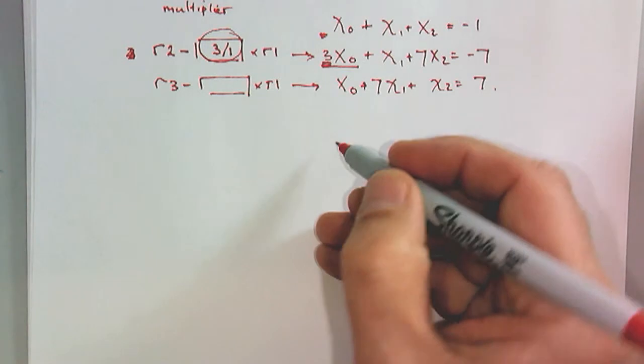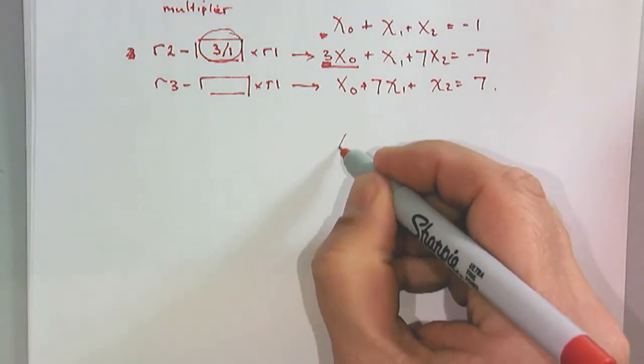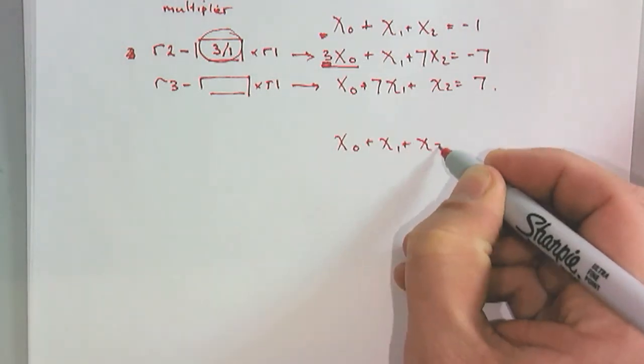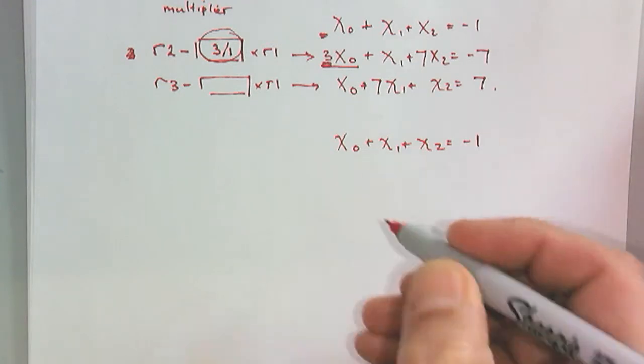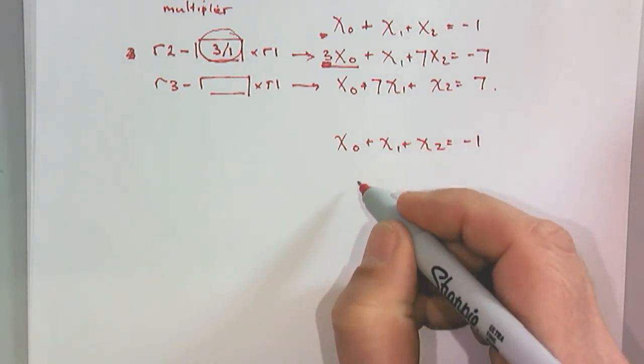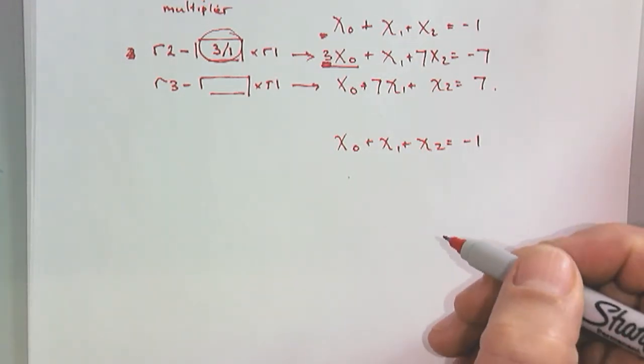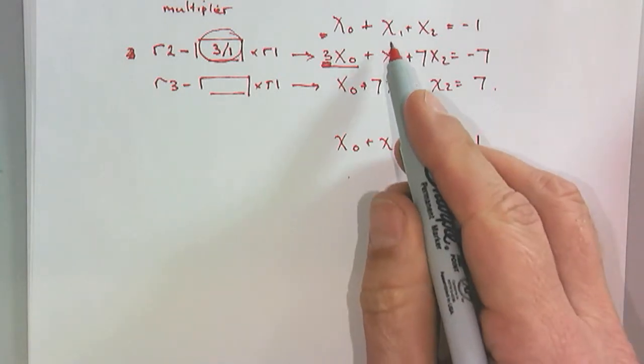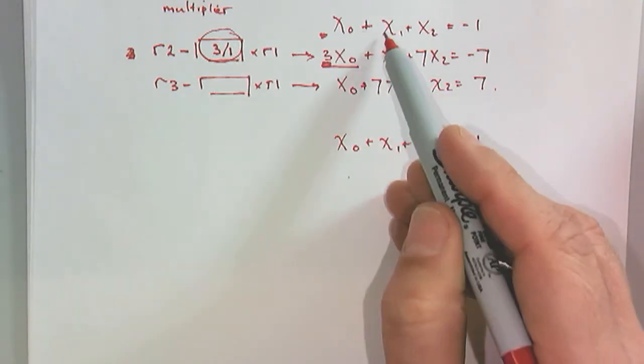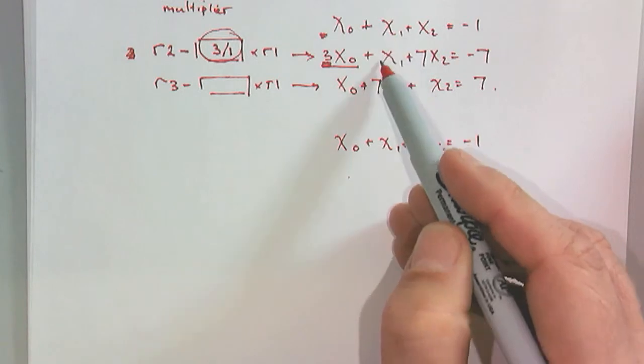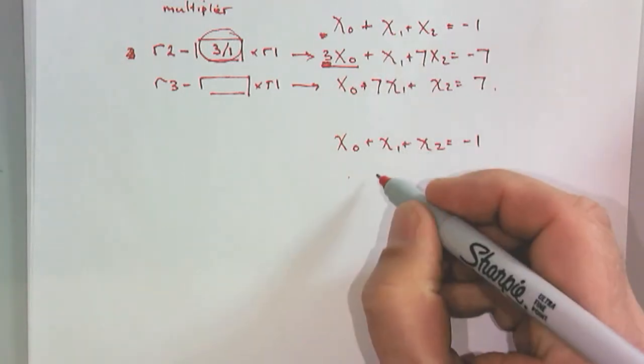Okay, so then what you do is you write down the system again. The first row is copied. And then the second row, the first term disappears by design. And the second term, you need to do minus 3 times that. So that's minus 3 plus 1 chi 1.